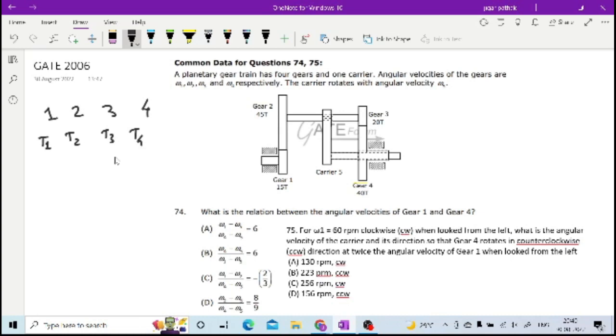I would like you to try it by yourself. Try it and type in the option for question number 74. What will be the correct option for question 74? I am giving you 1 minute. It will take time, so please all of you try to solve this question by yourself.